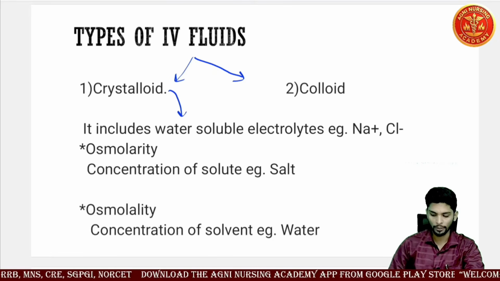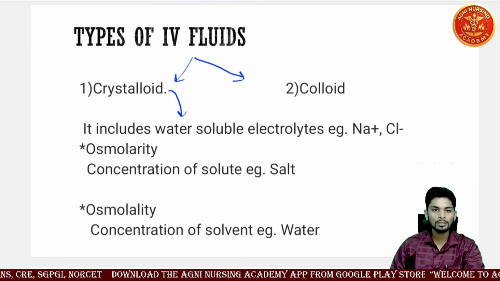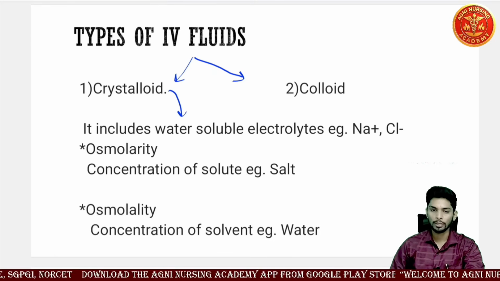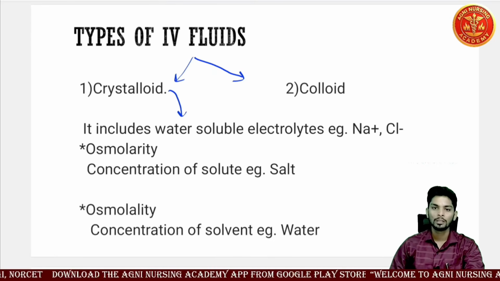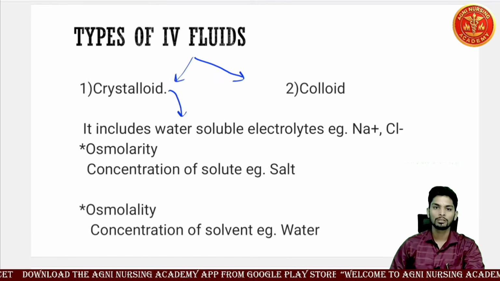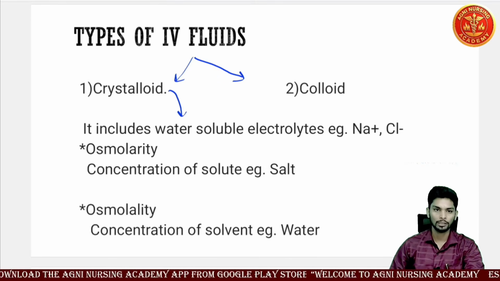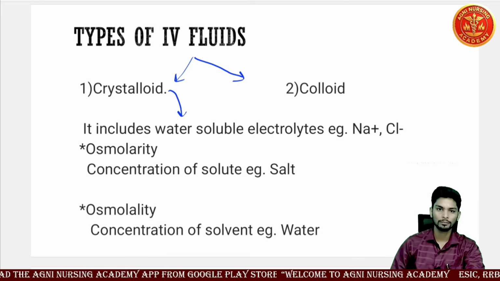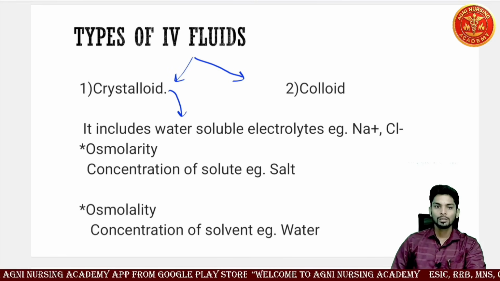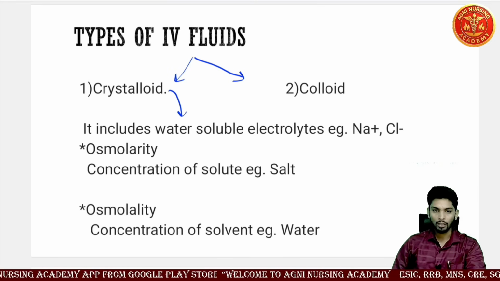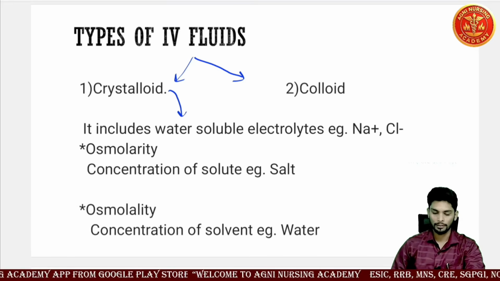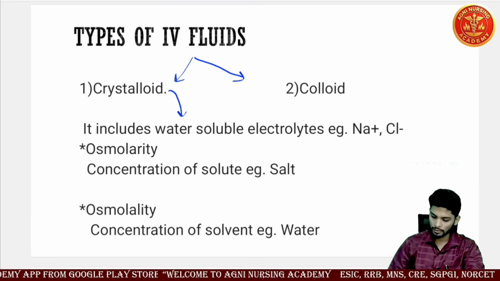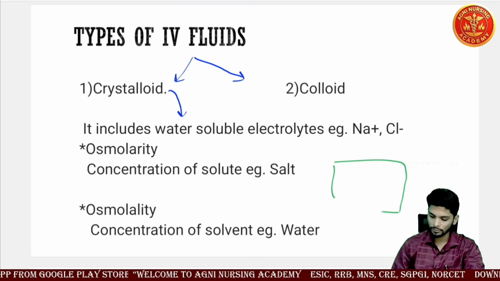First one is crystalloid. Crystalloids include water-soluble electrolytes like sodium, potassium, chloride, hydrogen, calcium, etc. Here one concept we will learn: osmolarity and osmolality. Let us consider this is one solution.